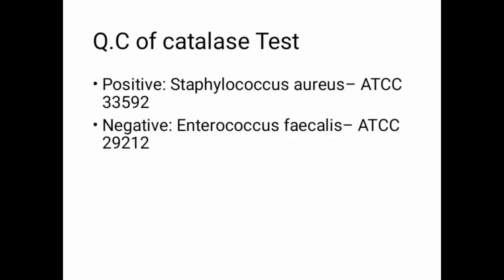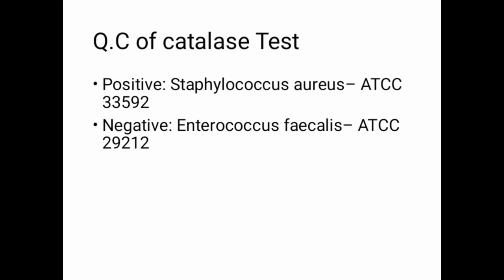Quality control must be performed on every single test, in other departments as well. So QC of the catalase test is very important to assure the accuracy of the test. Within the catalase test, we have a positive control and a negative control.